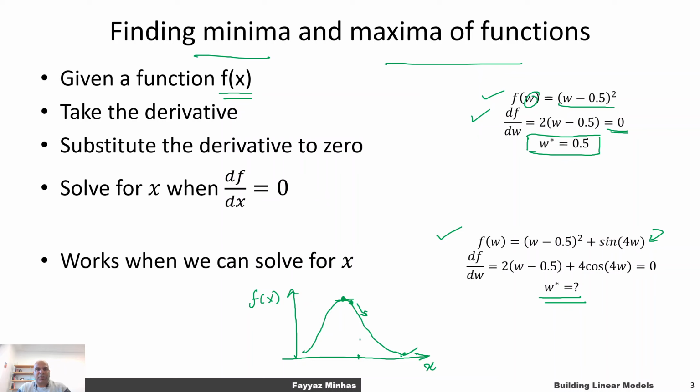So based on that simple observation, we take a step in the direction that increases x. Let's say your original value of x is x0, and then you move to a higher value of x, which I'm going to call x1. If you take a step from x0 to x1, your function value is going to decrease. So this is the idea behind what is called the gradient descent algorithm.